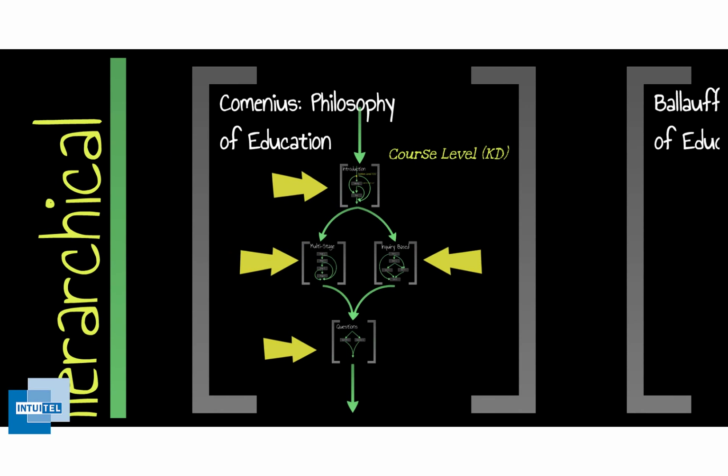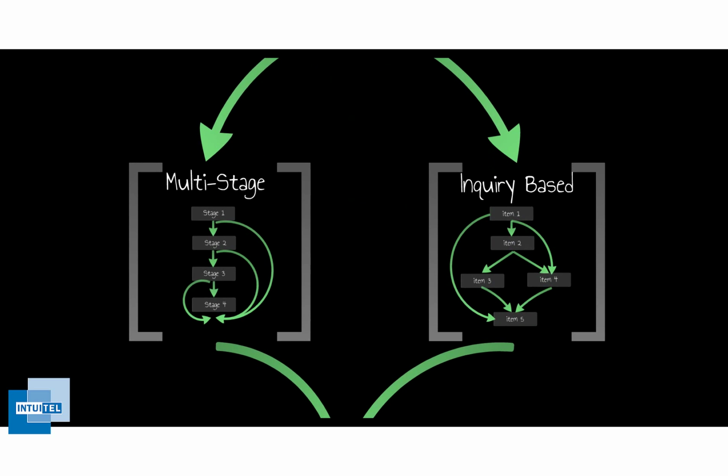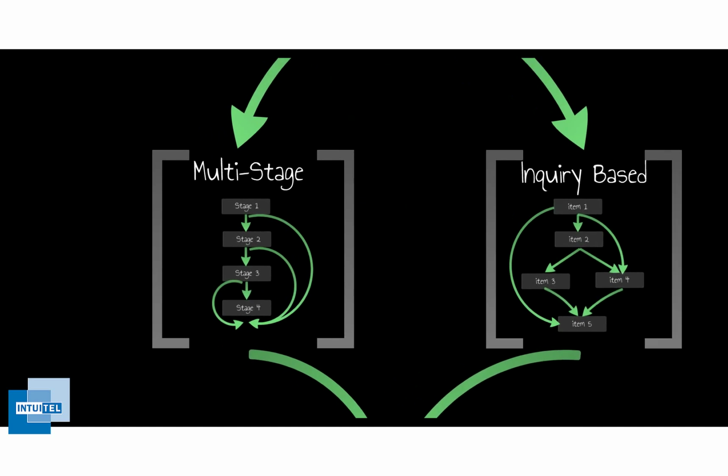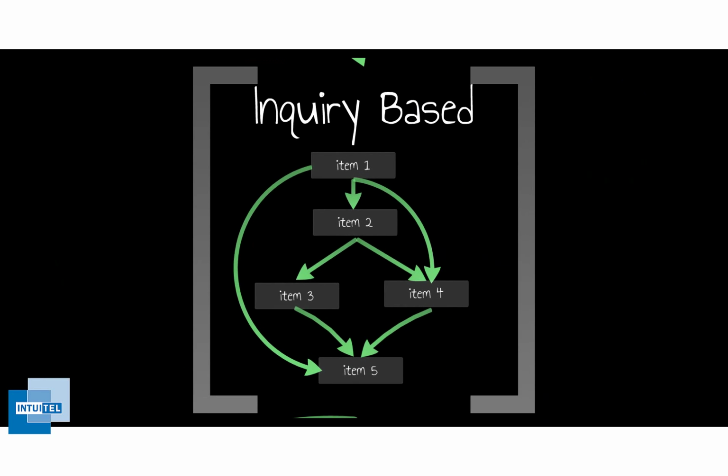Within the lessons, there are several learning objects of different media types and also, on the micro level, possible transitions forming pathways. The learner may follow any of these transitions, leading him to the next learning object. At this point, he may, for example, choose between multi-stage or inquiry-based learning style.